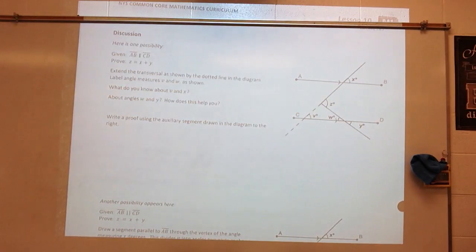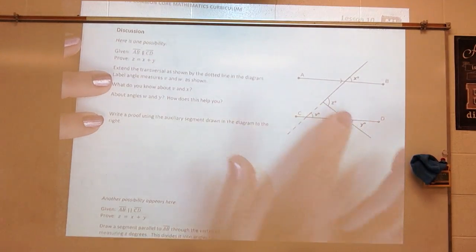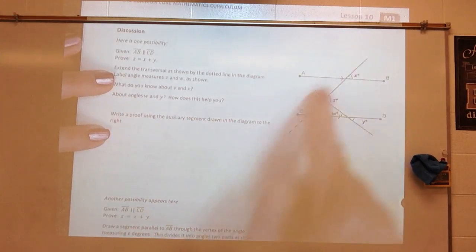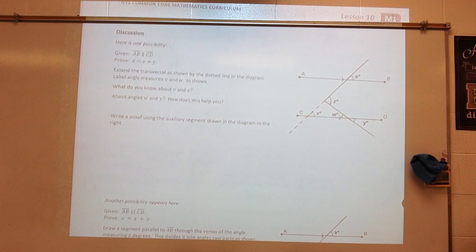Well, V and X are what kind of angles? They are corresponding angles. Because here's my parallel line. I'm going to pretend like this segment right here does not exist right now and just look at it as two parallel lines and a transversal. I know that V and X are corresponding angles, which means they are equal.